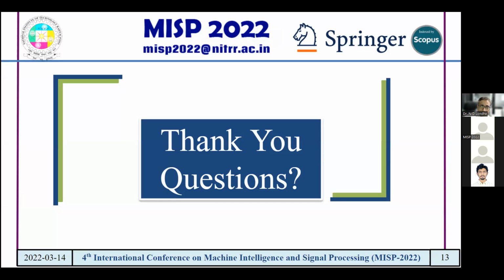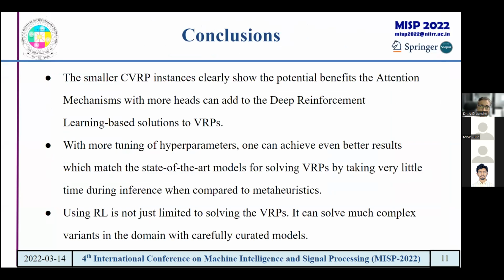So in your case, while selecting the nodes, what will be the rewards? How are you deciding that? In our vehicle routing problem case, the reward is basically the inverse of the distance traveled to get to that particular node. So the more distance it travels, the less reward it gets.